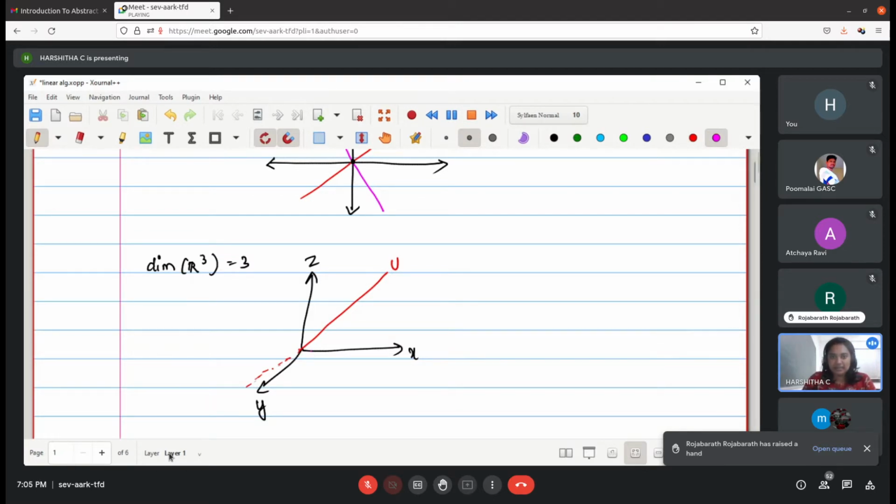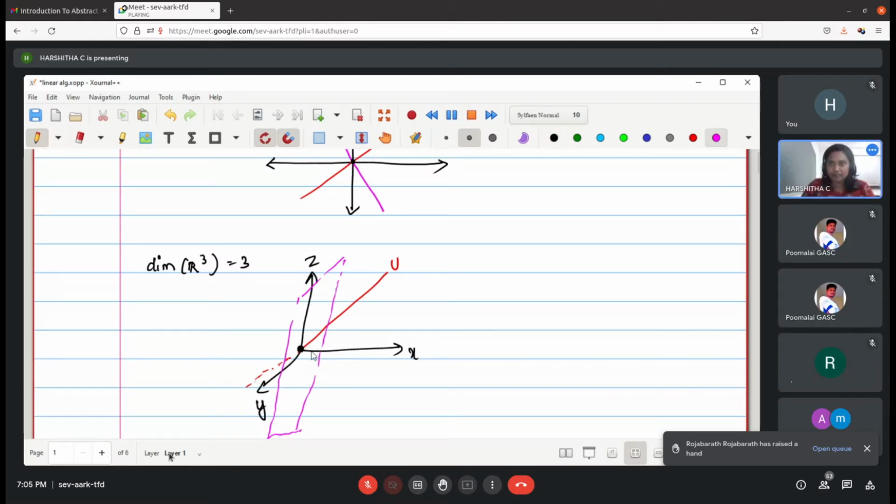And let's take some other plane, something like this. The line is not contained in the plane. You can imagine a plane and some line which is not inside the plane, it's coming out of the plane. So again here the intersection is just 0, right?